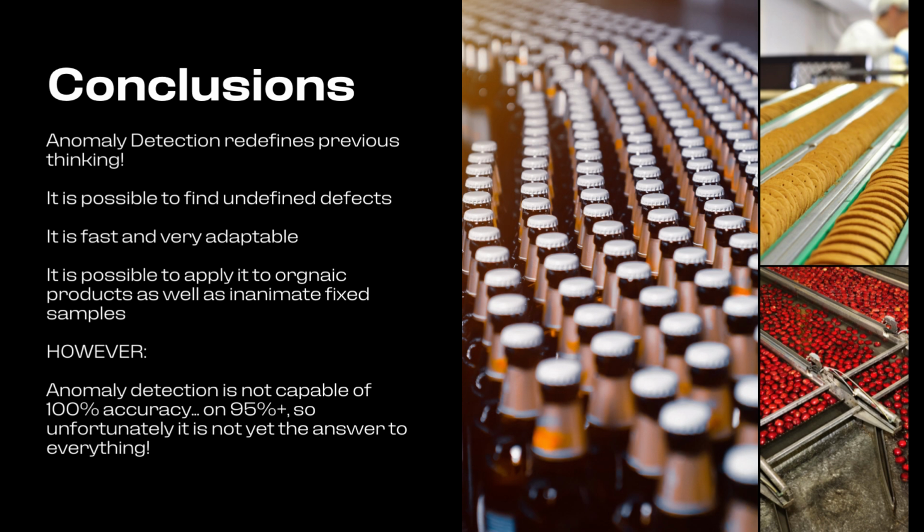It's possible to find undefined defects, which in concept was never possible before anomaly detection. It's also very fast and very adaptable, and you can apply it to organic products and fixed samples. Those are really very good conclusions.